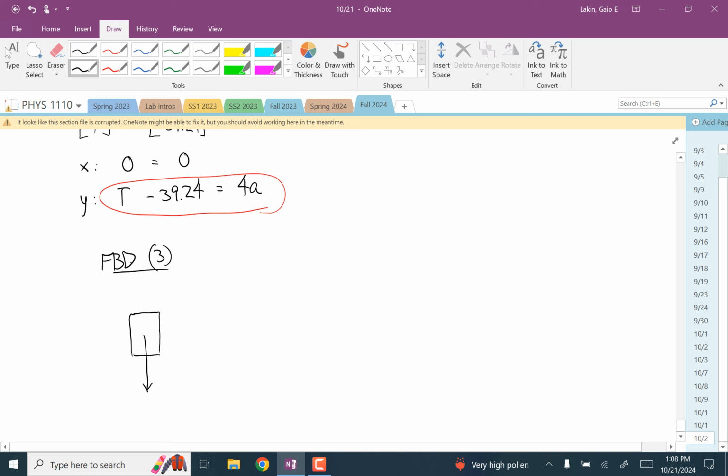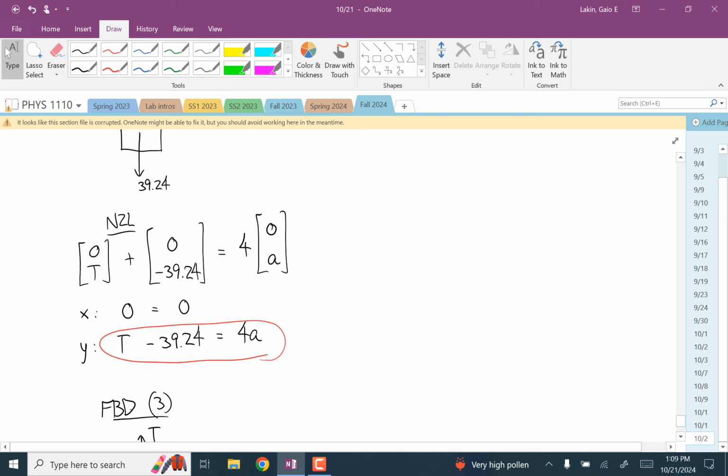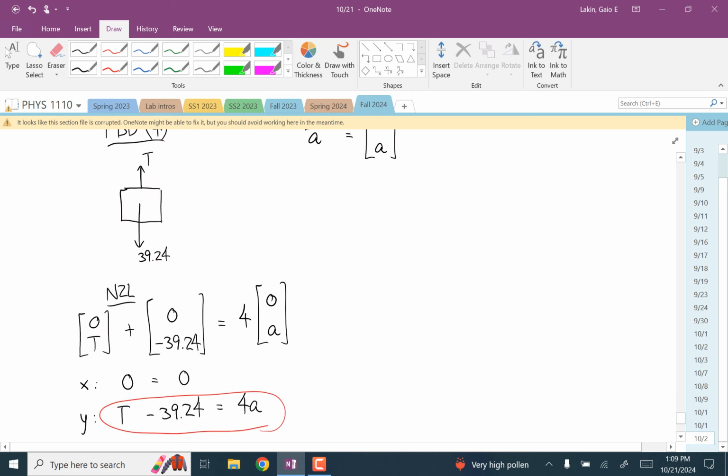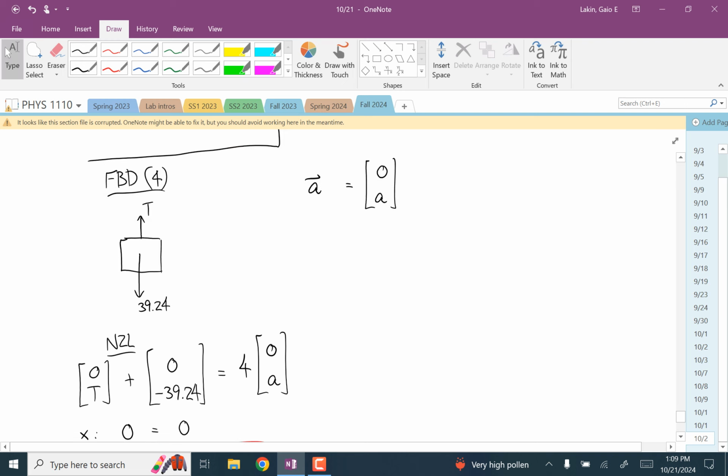The weight is 29.43. It's the same cable, so there's still a tension T pulling up. Now go back to your first chosen body, and that was the 4 kilogram. And now think of it moving an inch in its positive direction.